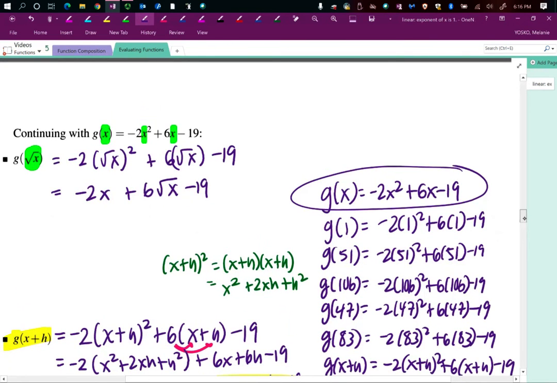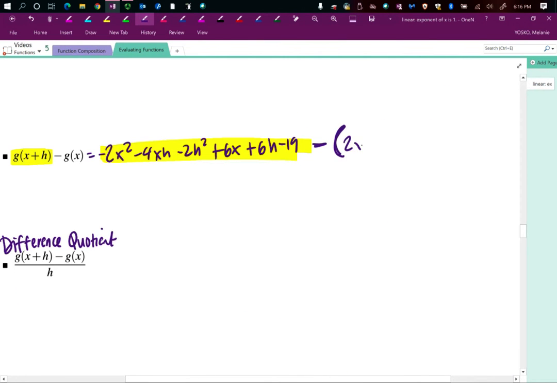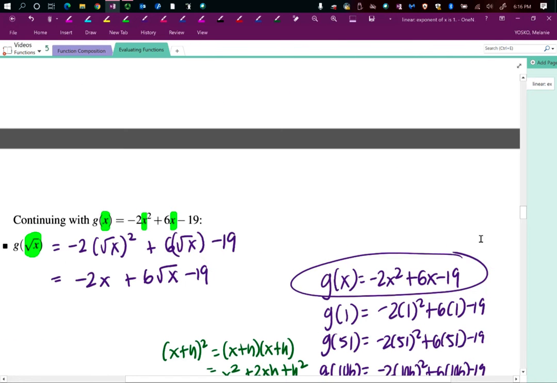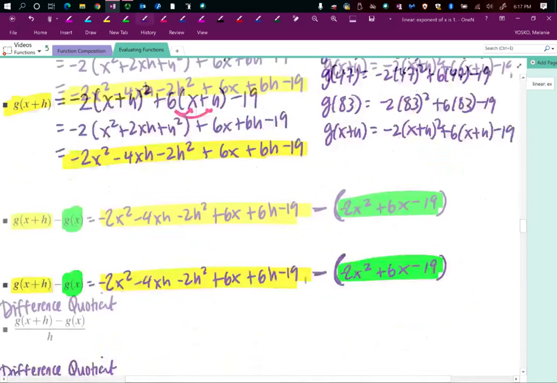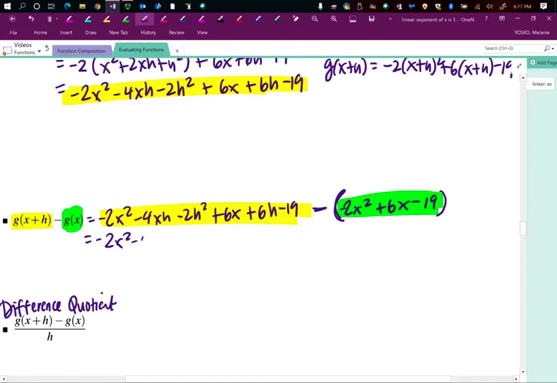Negative 2x squared plus 6x minus 19. Plug it in. Okay, we're going to get negative 2x squared minus 4xh minus 2h squared plus 6x plus 6h minus 19. Now we're going to distribute.